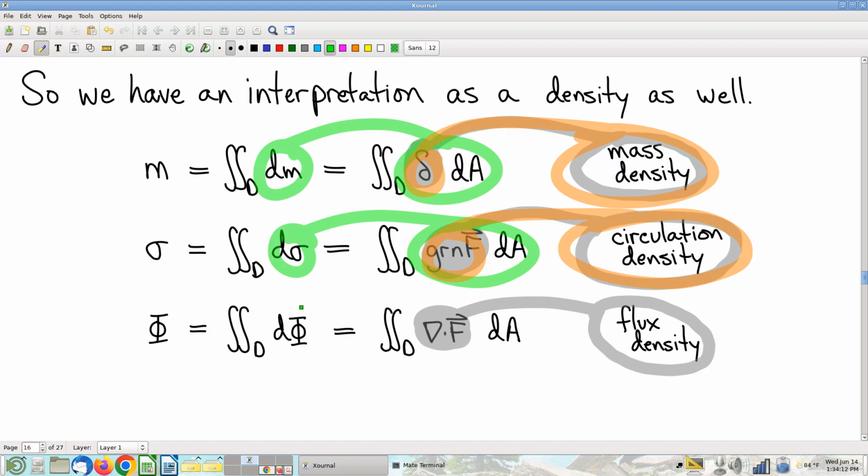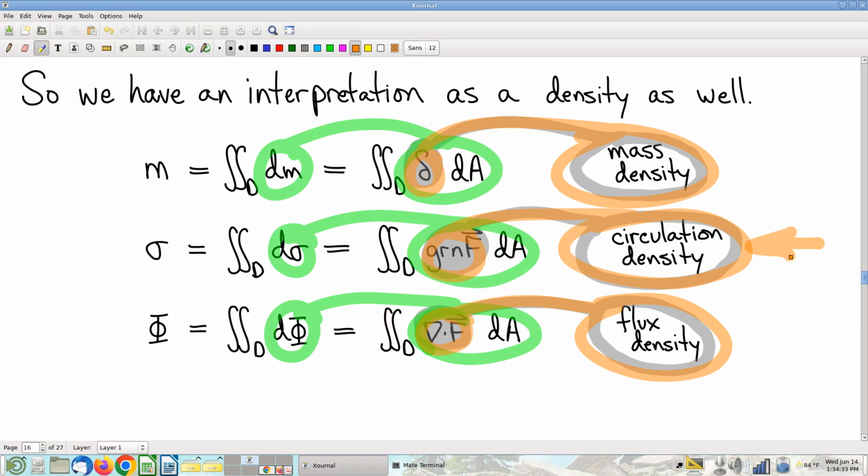And likewise, little pieces of boundary flux we can view as being related to areas by way of flux density. So I think this is a really nice page here, really nice little comparison. I strongly encourage you to think about circulation density and flux density as being really highly analogous to mass density, right?